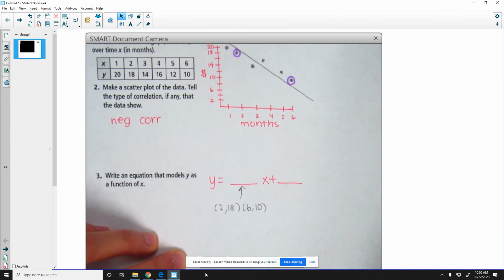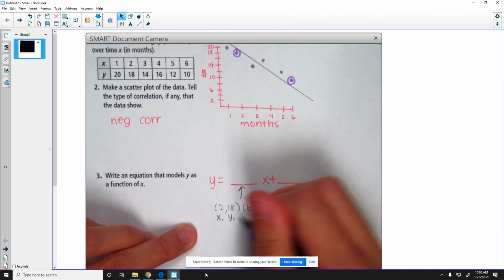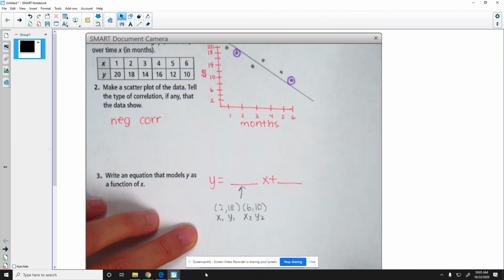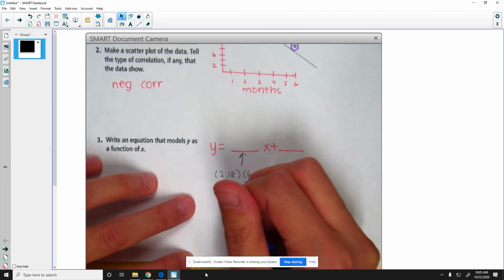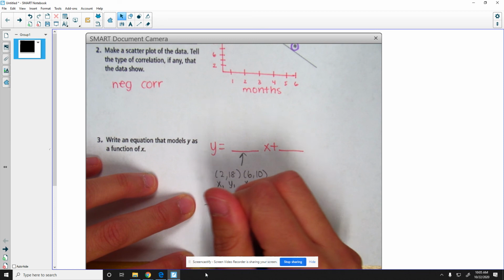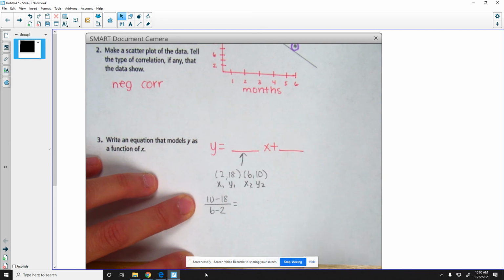So once you've written those 2 points down, that's where you're going to calculate the slope. So your slope, remember, would just be y sub 2 minus y sub 1 over x sub 2 minus x sub 1.